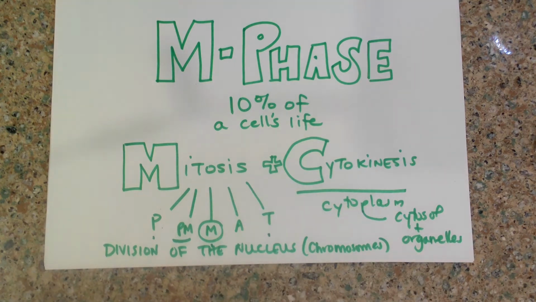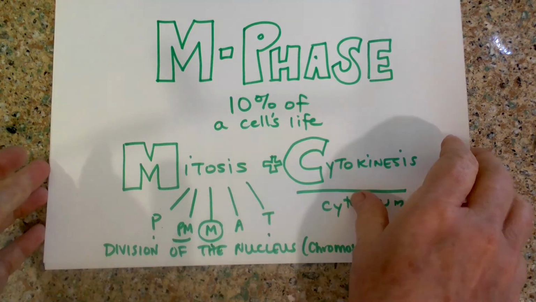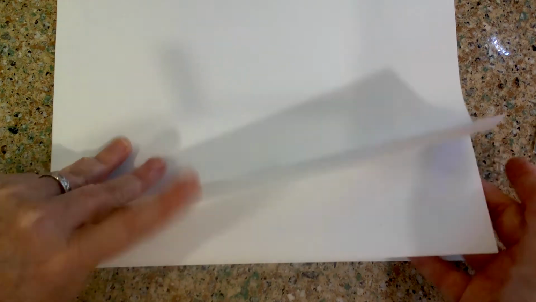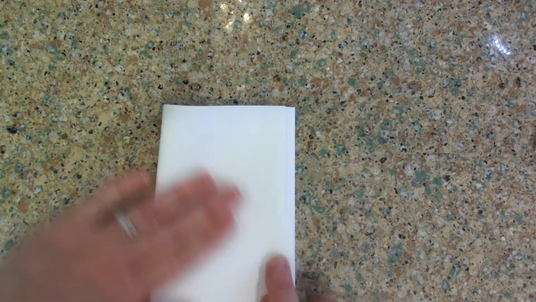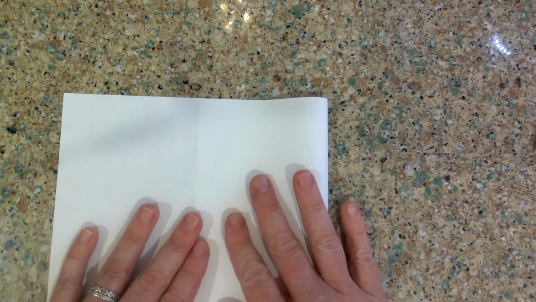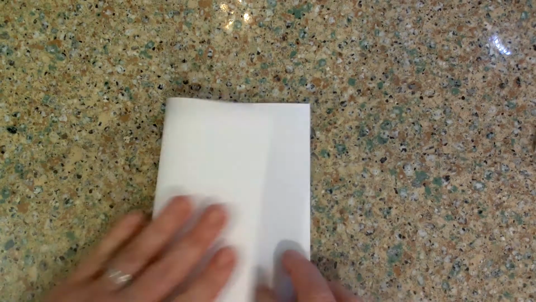All right, in order to do this drawing, I'm going to have you do a little bit of an art project. I want you to take 2 sheets of paper, and I want you to tri-fold them so that they have somewhat equal sections, or you can measure it with a ruler, so that there's 3 separate sections here and 3 separate sections here.